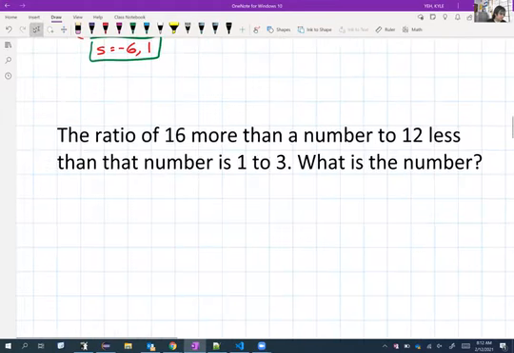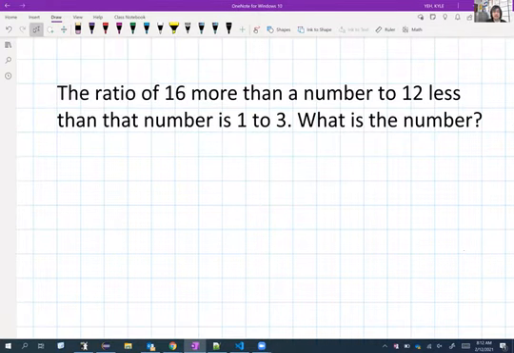All right, let's do a problem where we have to translate the English into math. It says the ratio of 16 more than a number to 12 less than that number is 1 to 3. What is that number? So if you remember, ratios have to do with dividing.